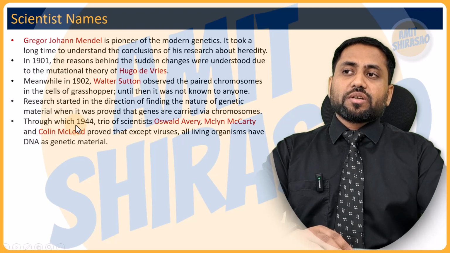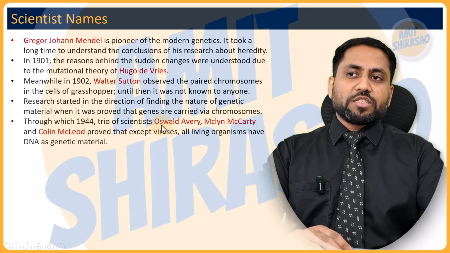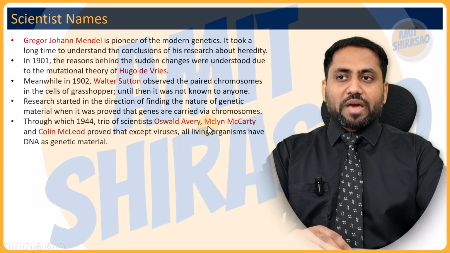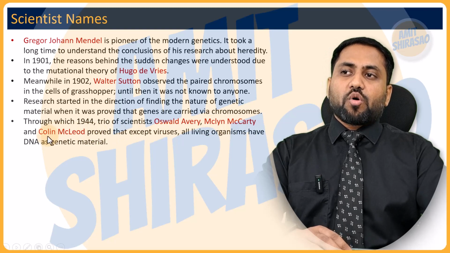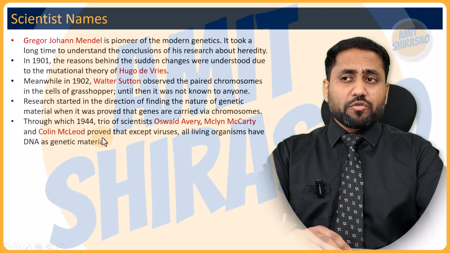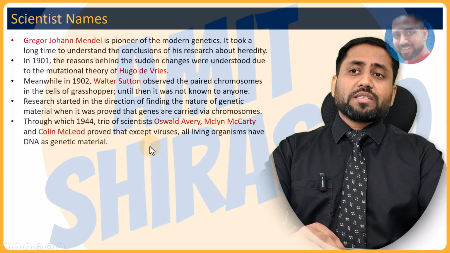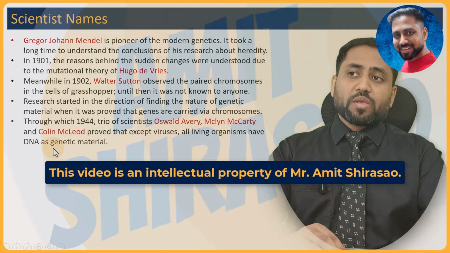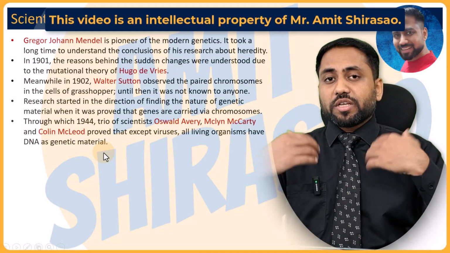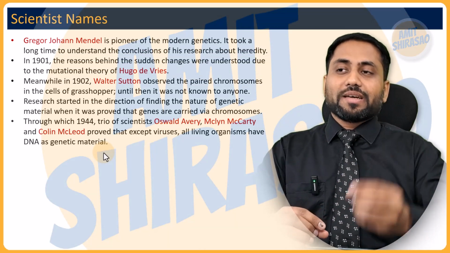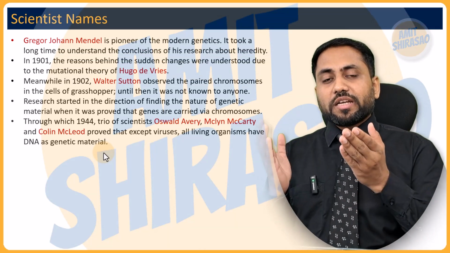In 1944, a trio of scientists, three scientists, Oswald Avery, Colin MacLeod and Maclyn McCarty, proved that except viruses, all living organisms have DNA as the genetic material. So the discovery that DNA is genetic material happened in 1944.